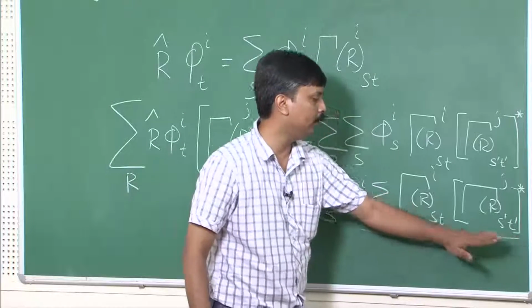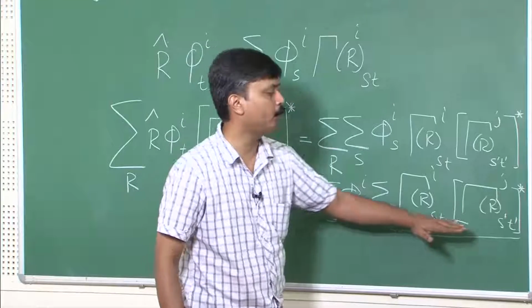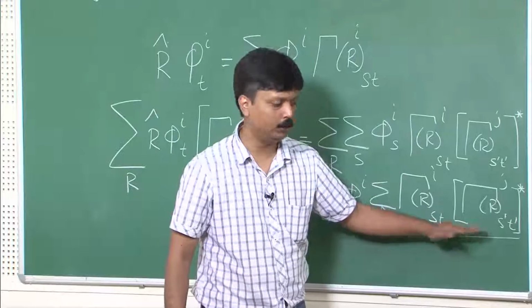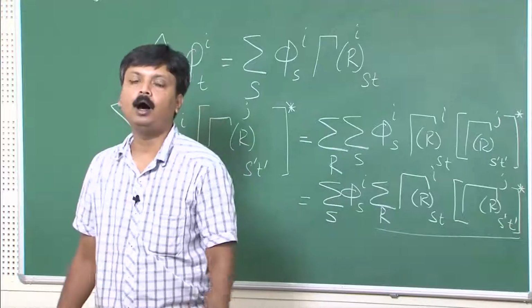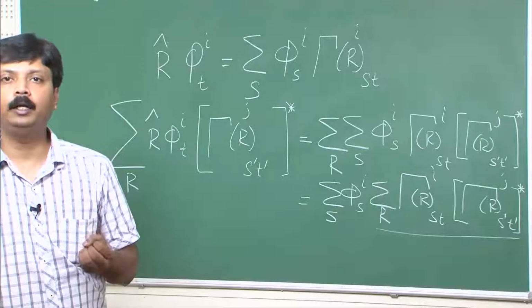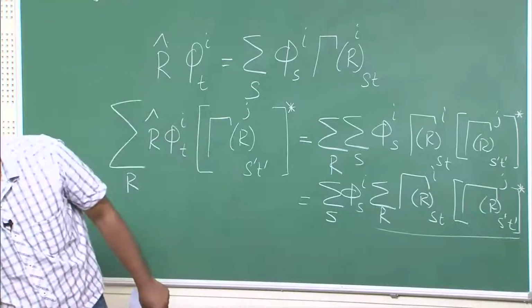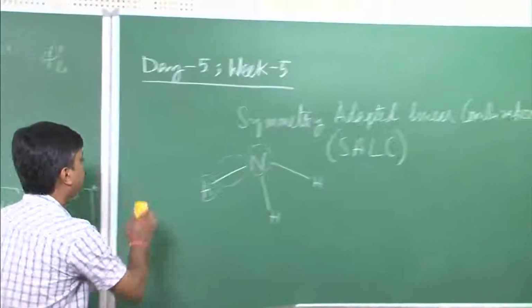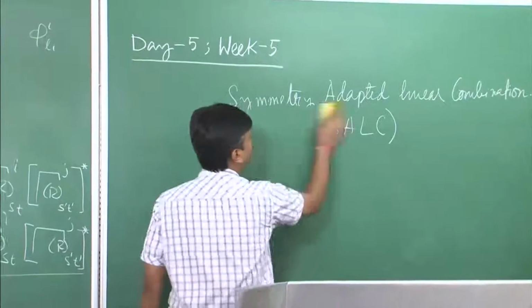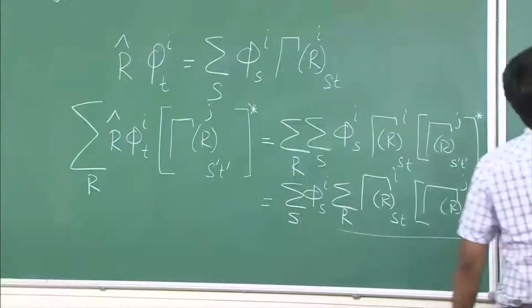Now, such sums of the products of irreducible representations over all symmetry operations are governed by the great orthogonality theorem. So, what does the great orthogonality theorem tell me about such a coefficient?